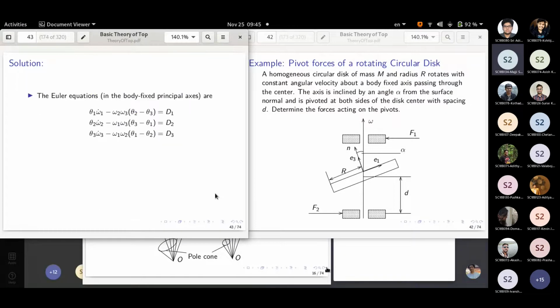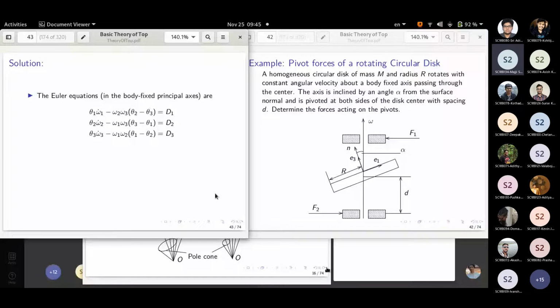Question is, find force F1 and F2. So we straight away write this Euler equation. We assume that E1, E2, and E3 are the principal axes. Of course, they are in this particular case because it is a symmetric disk. Theta 1, theta 2, theta 3. Then theta 1 equals theta 2. E1 and E2 are along the disk, orthogonal to the E3 axis.